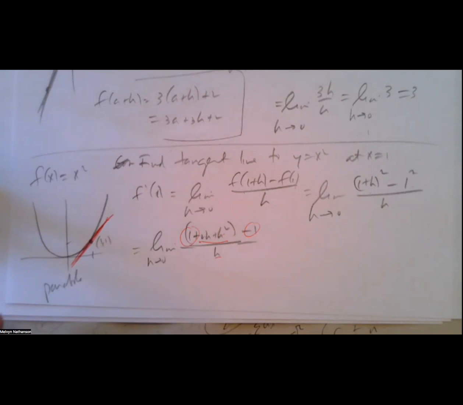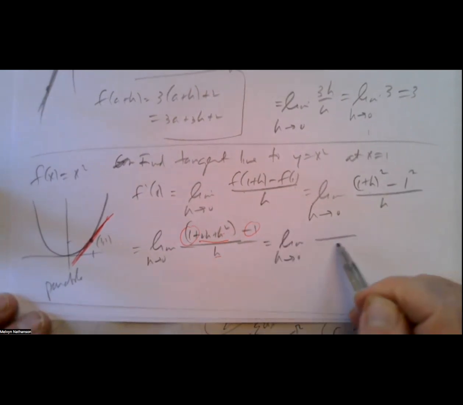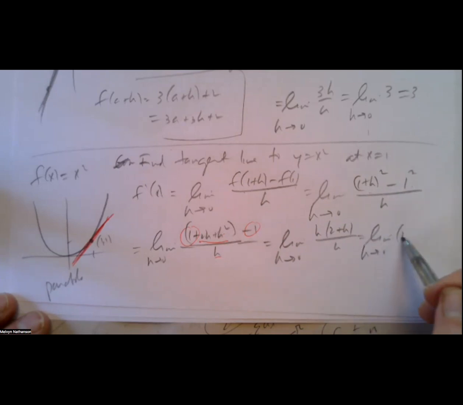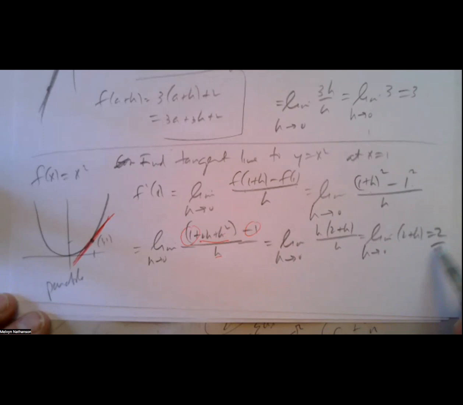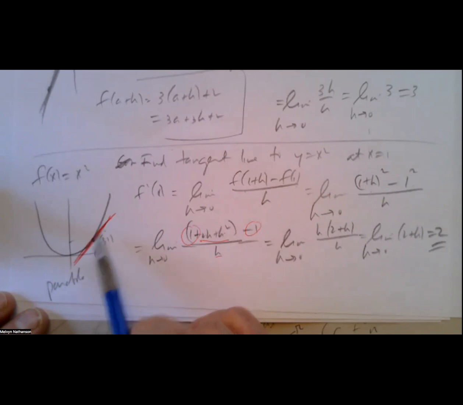And from the numerator, I can factor out an h. This is h times 2 plus h. So this is the limit as h goes to 0 of 2 plus h, which is 2. So this tangent line has slope 2.